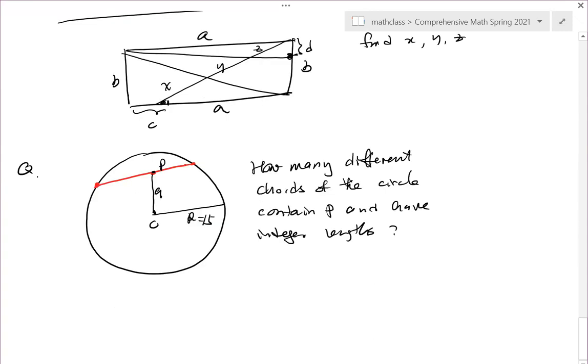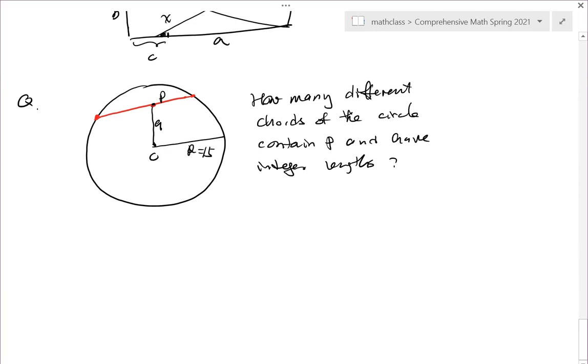Yeah, you think about that. When you move these 2 points A and B smoothly, at some position you get the integer length.